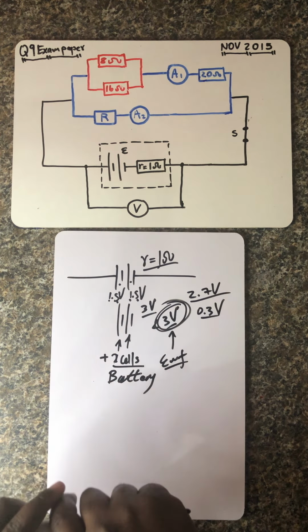This part drawn in black represents the external part of the circuit, and from that point and that point there, this is where you've got a parallel connection, okay. Within this parallel connection, you still have a branch which is a parallel connection, okay. So that parallel connection is connected in series with that 20 ohms, okay.